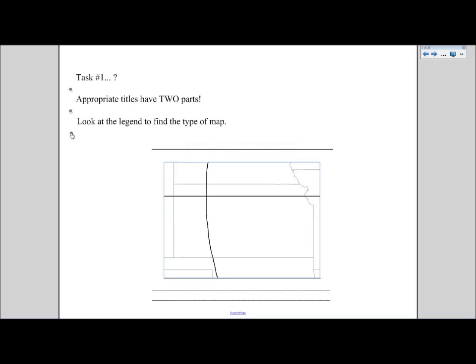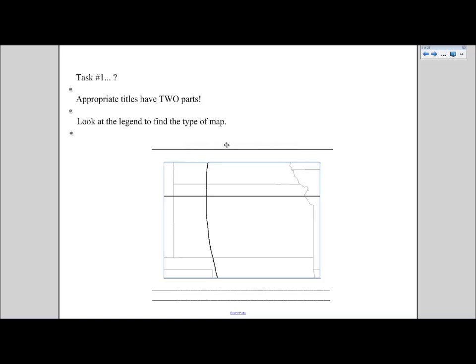And number 9 says that we're going to use appropriate symbols and the legend to show important resources of the region. It looks to me like our legend is only going to include two things, the landscapes and the resources. That means that the type of map we're making is a landscape and resource map.